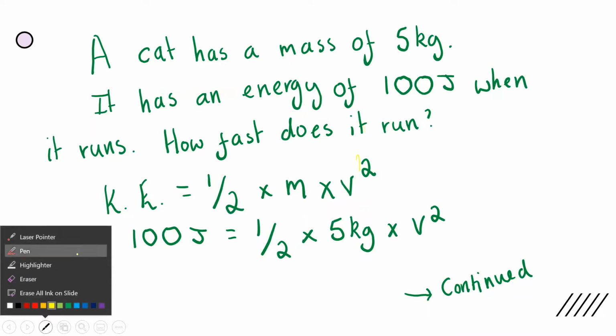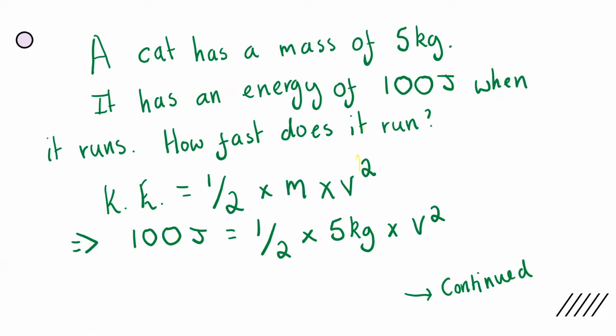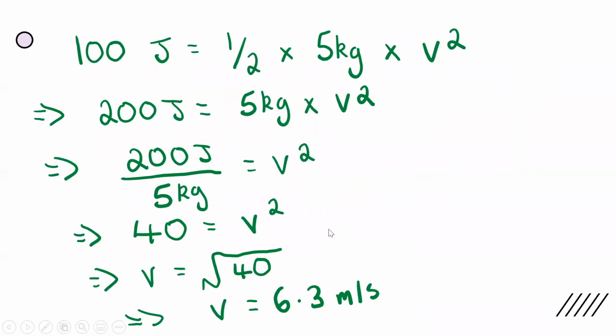So 100 joules equals half times 5 times v squared. Again, we're going to multiply that up. So 100 joules equals half times 5 times v squared, times by 2 to get rid of that fraction. So you get 200 joules is 5 kilograms times v squared.